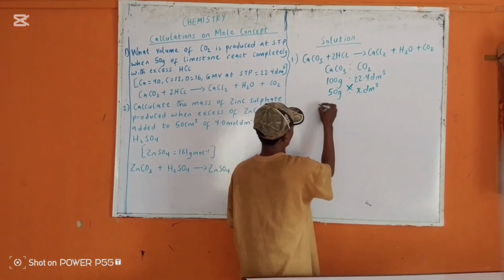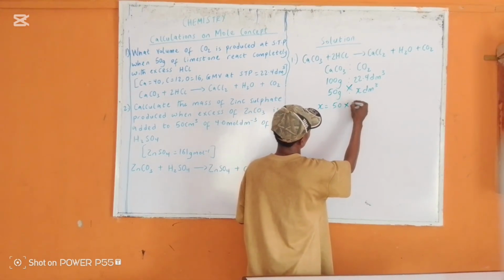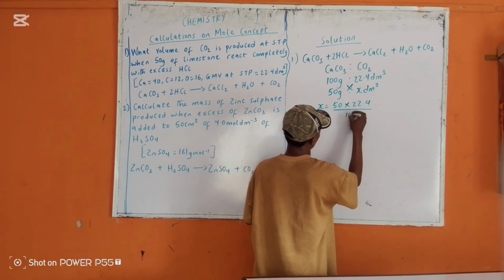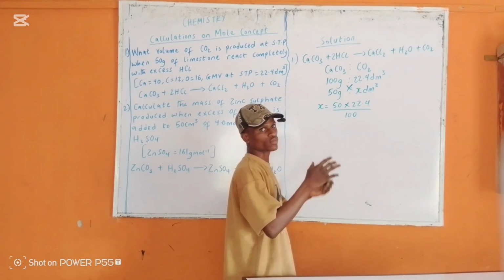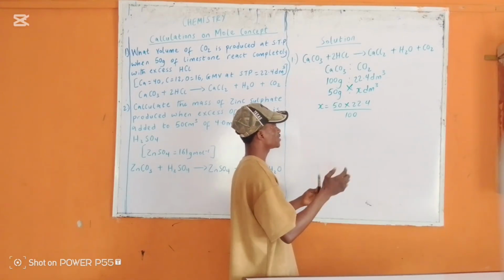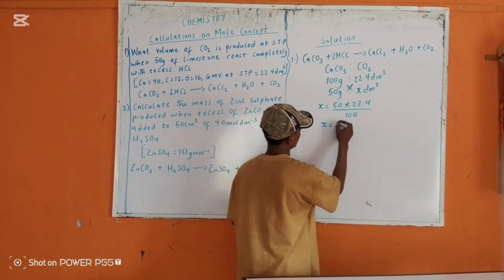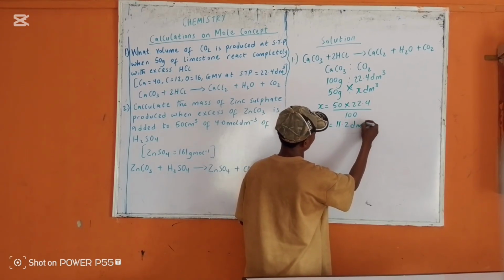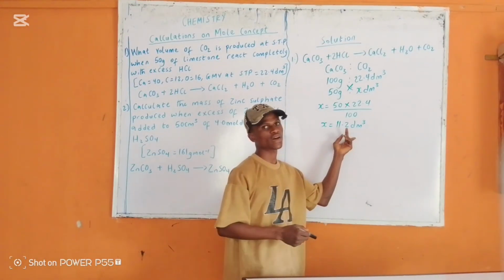So we're having x equals 50 multiplied by 22.4 divided by 100. So when we divide it, we get x equals 11.2 dm cube. That will be our final answer.